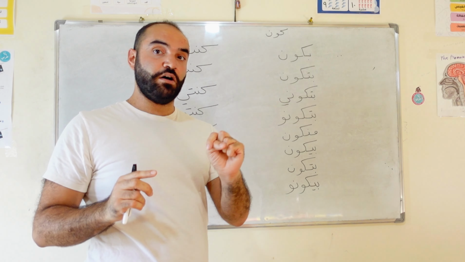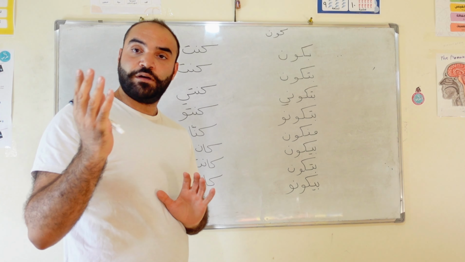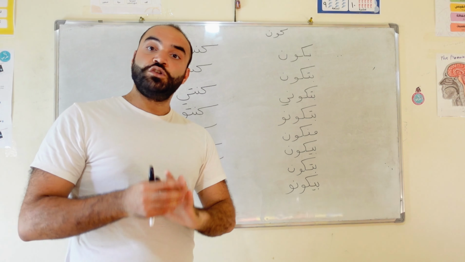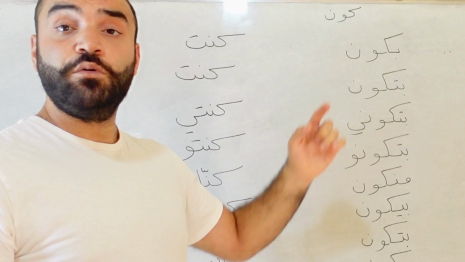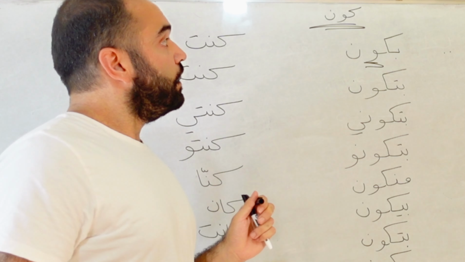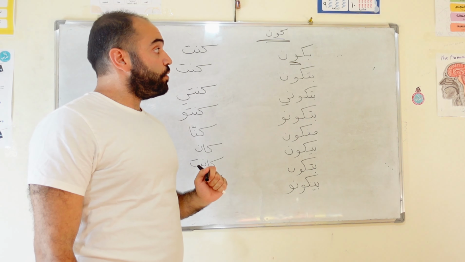There is a video about بكون. You go to the playlist and search for بكون to know exactly what we are talking about. And بكون has vowel letters. If you notice, this is the root, بكون, which has vowel letters.